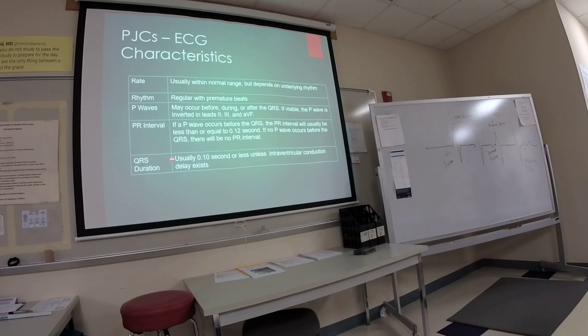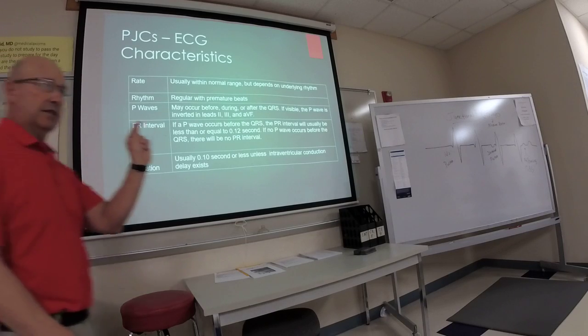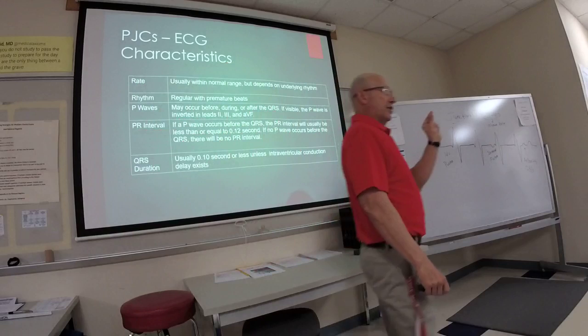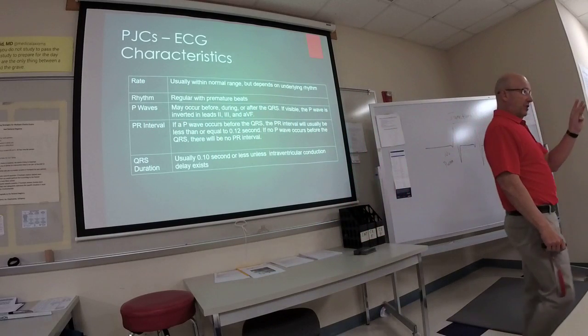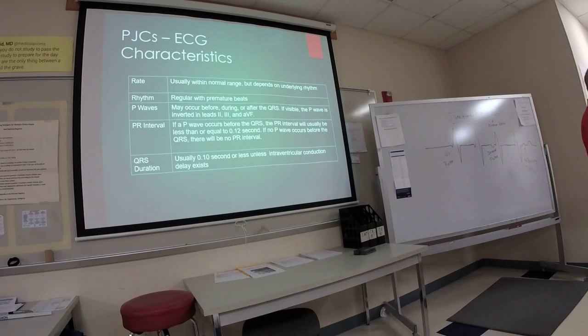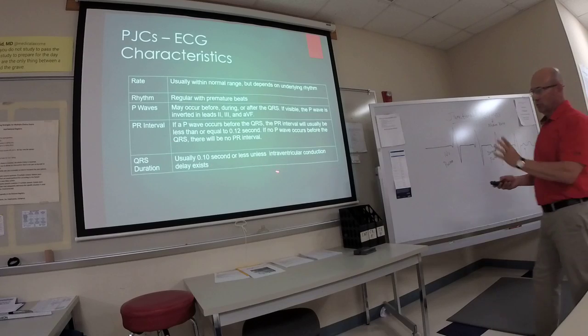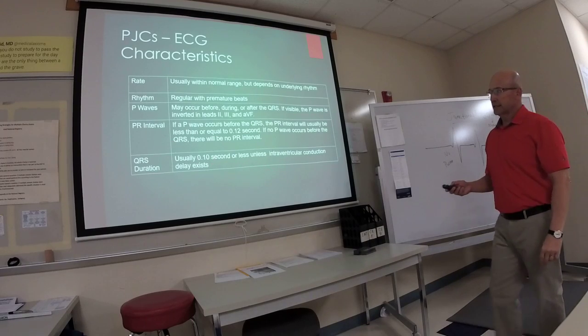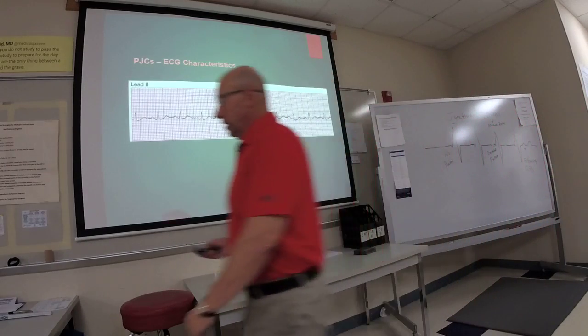And the QRS complex itself in width is normal. It's a normal width, less than what? How many little boxes? Less than 3 little boxes, 0.10 to 0.12, the normal width of a QRS complex.